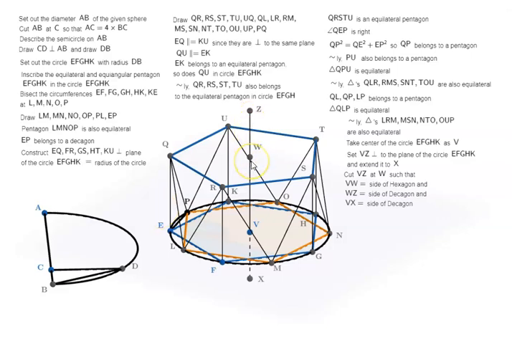WZ is a side of decagon, that is EP, and VX is equal to the side of decagon, that is EP. QZ, QW, UZ, EV, LV, LX, XL. And just let's keep going and add all these lines as well.